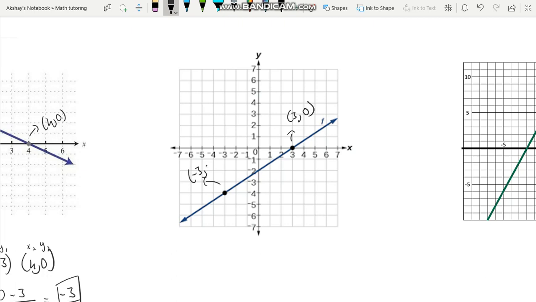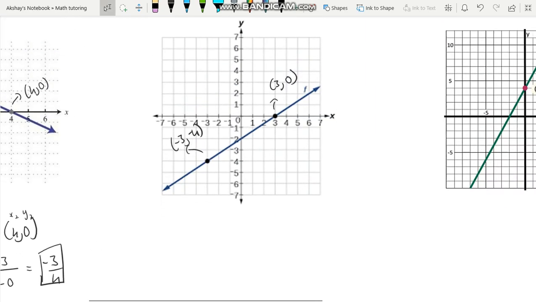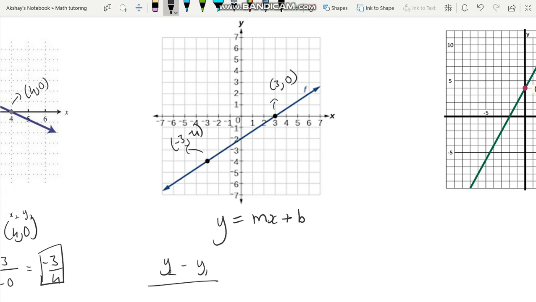Negative 3 is my x value, negative 4 is my y value. Now I want to find my function in slope-intercept form, so y is equal to mx plus b. To find my m, which is my slope, I can use my formula y2 minus my y1 divided by x2 minus my x1.